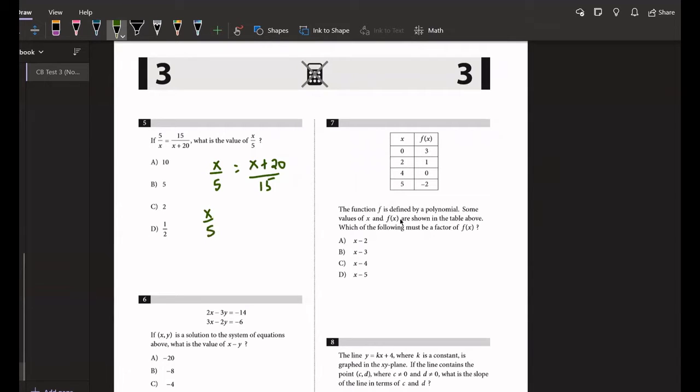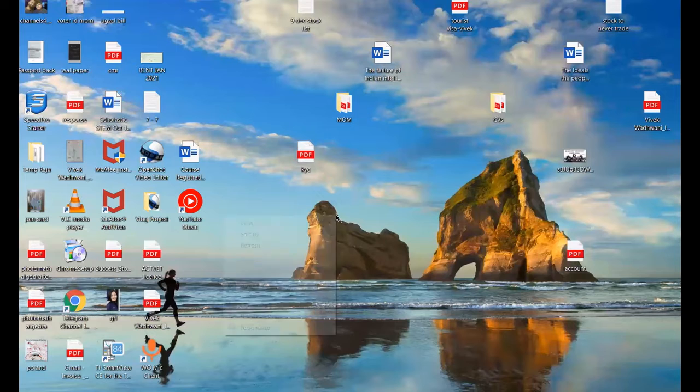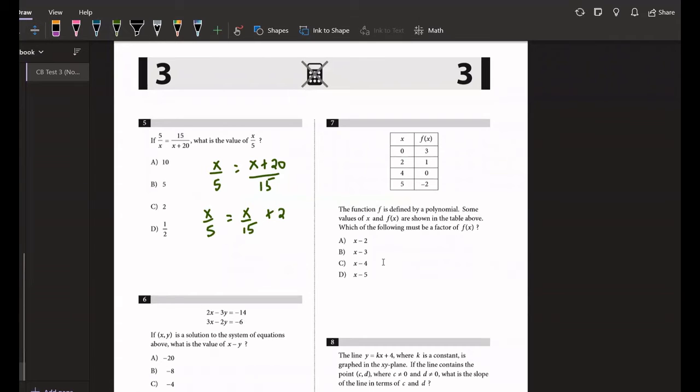So x over 5, you can separate x plus 20 over 15 as x over 15 plus 20 over 15.